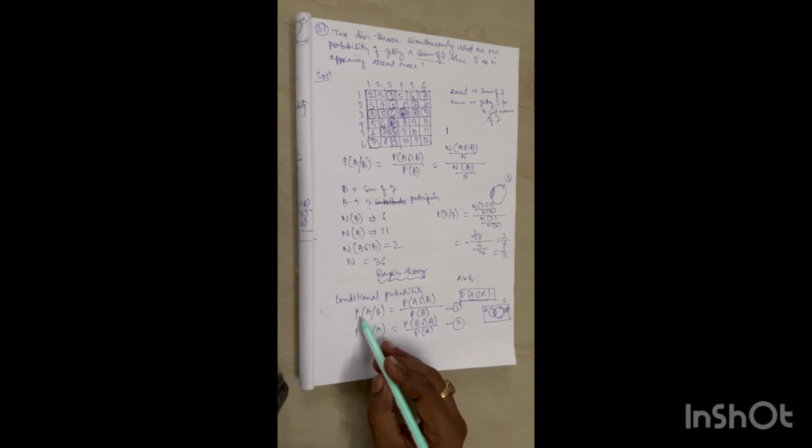And how is this physically possible? Earlier we showed that if this is the sample space and there are two events B and A, where this is the intersection part, this is B, this is A. What I told is that if B has happened earlier than A, then the equation follows this way. It is also possible that A has happened earlier and B is following, so then this is also true.